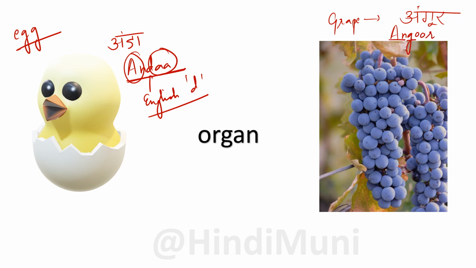Ang, this is g, u, r. Angur. You can also write it as W, angur, or double O, whatever you're comfortable with. Organ is called ang. So this is anda, ang, angur.